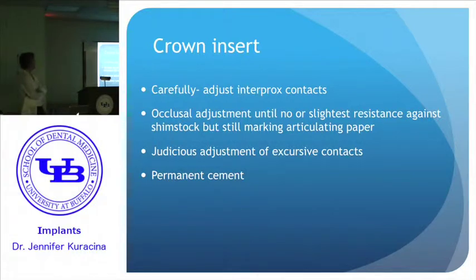So again, we have to kind of watch them carefully with the interproximal contacts. They are taught how to properly adjust the occlusion. There is shim stock paper on the clinic floor. Whatever is appropriate in terms of excursive contacts, and we use permanent cement.